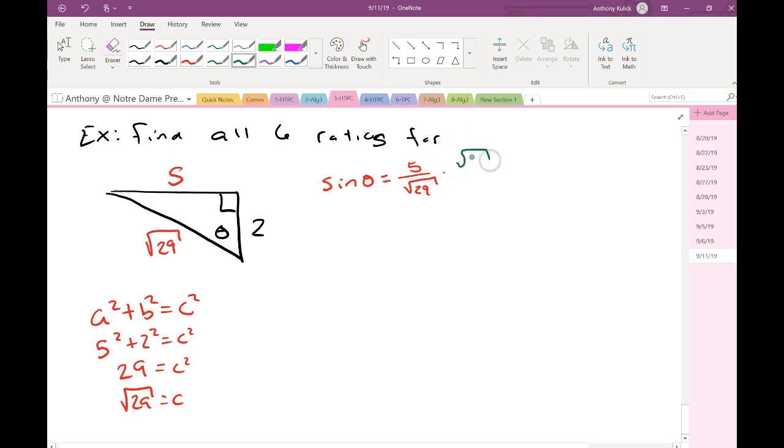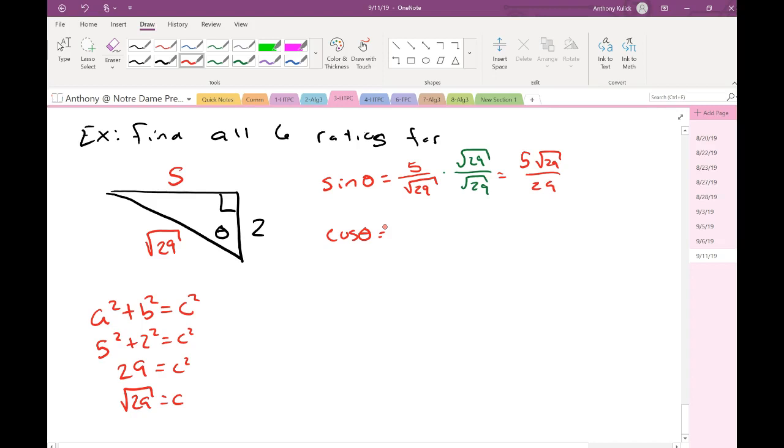Yeah, we're going to rationalize the denominator by multiplying it by root 29 over root 29, which gives us 5 square root 29 over 29. Everybody kind of remember doing that? It's been a minute, but that should refresh your memory there a bit.